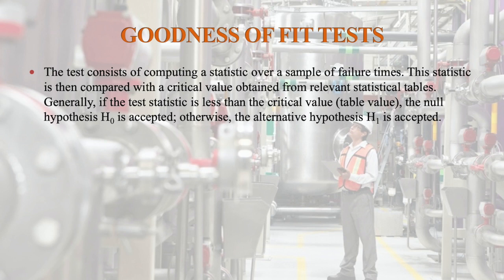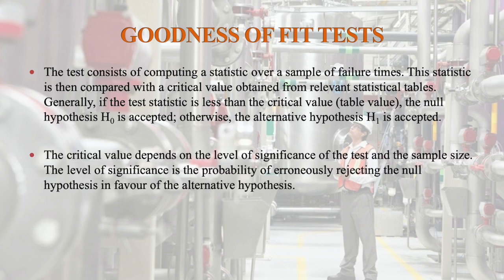Otherwise, the alternative hypothesis H1 is accepted. The critical value depends on the level of significance of the test and the sample size. The level of significance is the probability of erroneously rejecting the null hypothesis in favor of the alternative hypothesis.